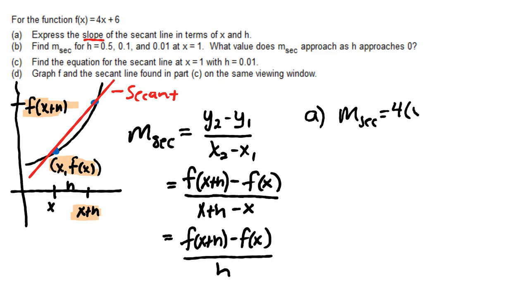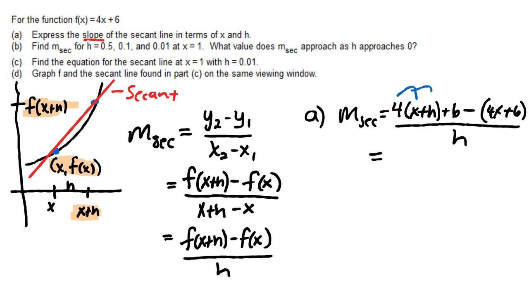It's 4 times x plus h plus 6 minus f of x, so that's minus 4x plus 6, all over h. I'll use the distributive property on this 4, and I'll also use the distributive property on this negative.